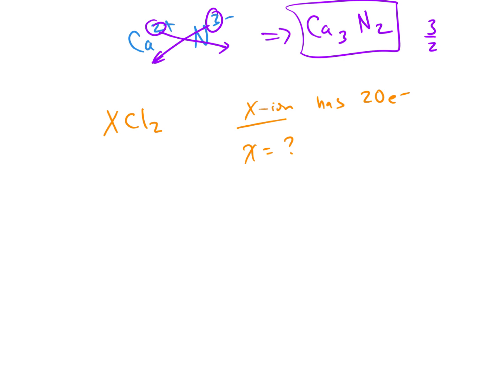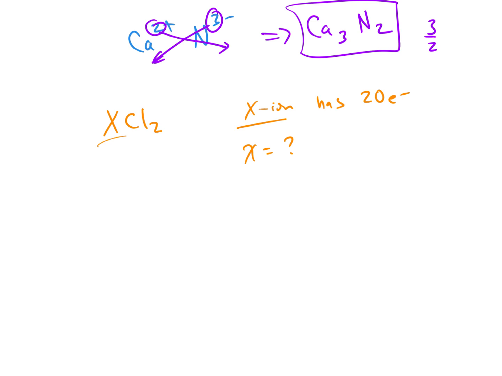Because it's an ion. This is the X ion. It must be charged, right? That means it either lost electrons or gained electrons. What did it do? It lost electrons. How do we tell?